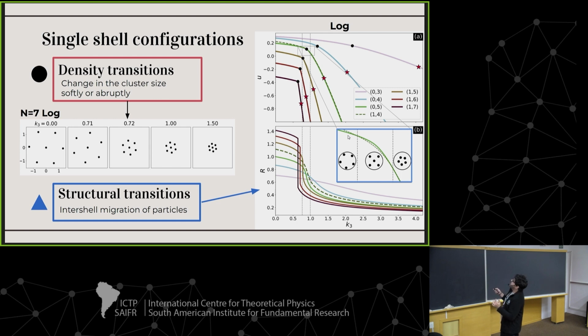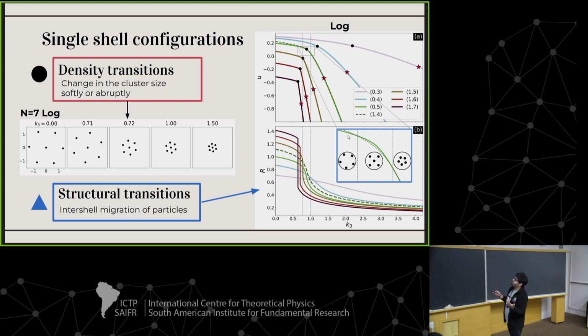This is the radius of the cluster: when we increase the three-body interaction, there's a soft shrinking of this cluster. But when we increase the number of particles, and depending on the two-body potential we are using, there's a discontinuous transition. So even in the logarithmic potential for 7 particles, we have this abrupt compaction of the cluster.